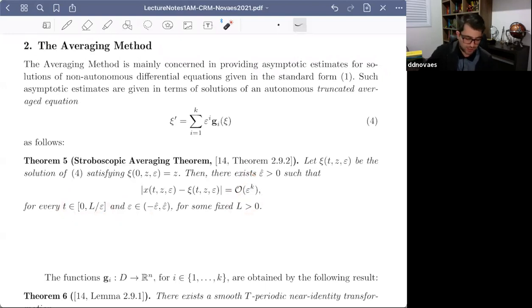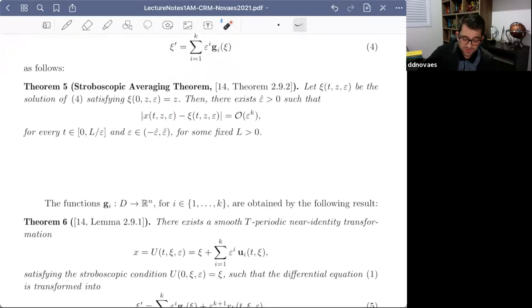I'm aware that I haven't defined this function yet, but this is the averaging result, the main theorem of the averaging theory. So we approximate solutions of a non-autonomous difference equation by solutions of an autonomous difference equation.